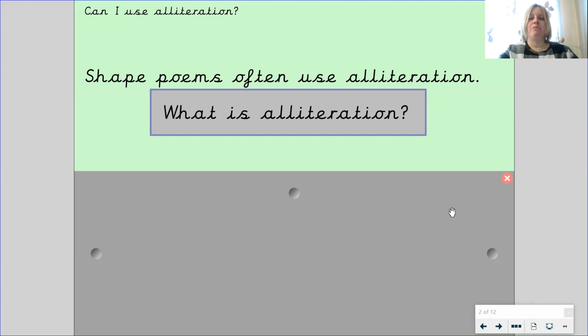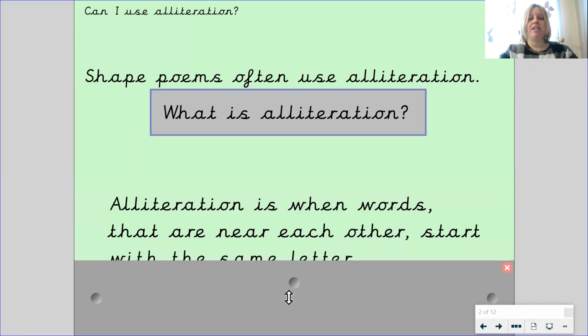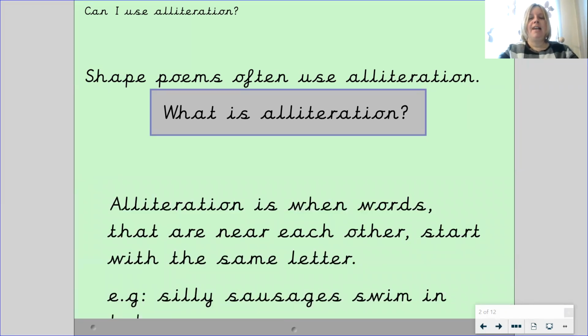Let's find out what alliteration is. Alliteration is when words that are near each other start with the same letter. For example, silly sausages swim in lakes.